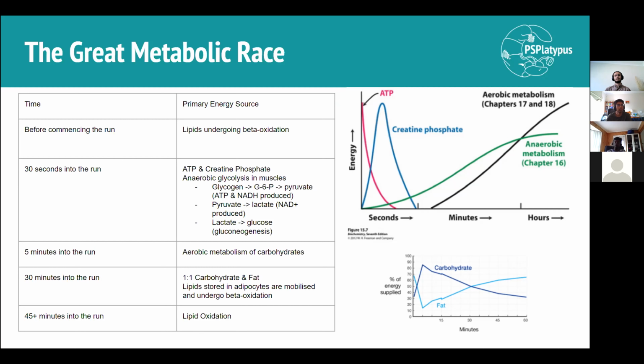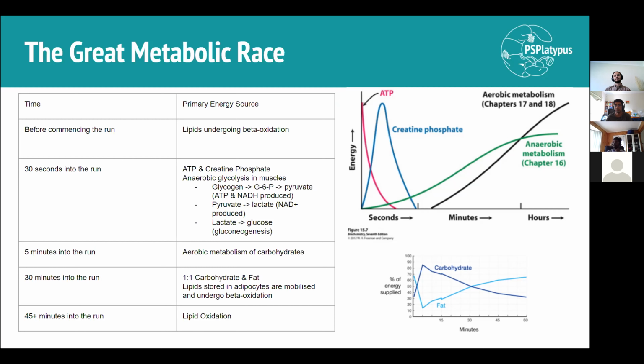So 5 minutes into the run, we're going to have enough oxygen to allow for aerobic metabolism of carbohydrates. So if you have a look at the diagram on the top right, which essentially summarizes what's going on: we have ATP immediately being used, creatine phosphate being used, and then anaerobic metabolism builds up a couple of seconds and a couple of minutes into it.